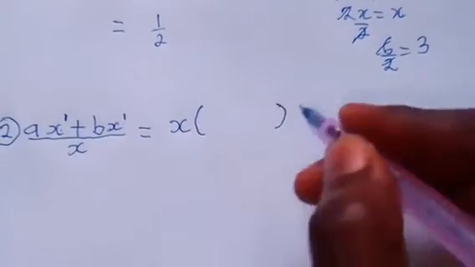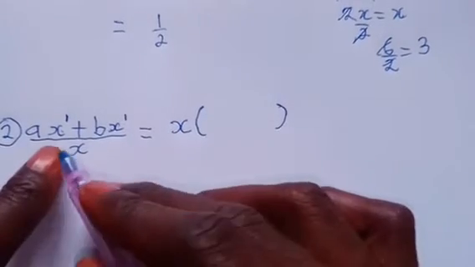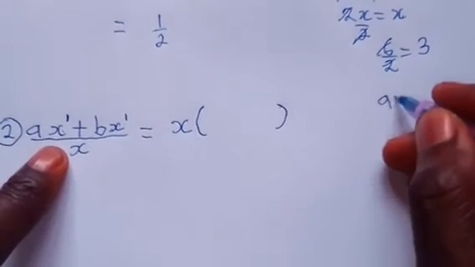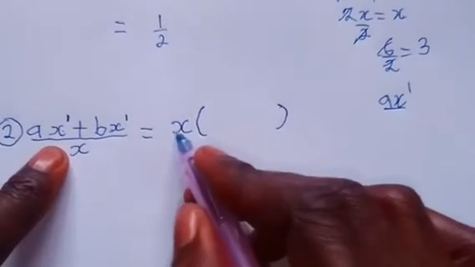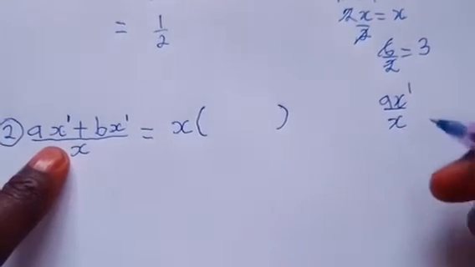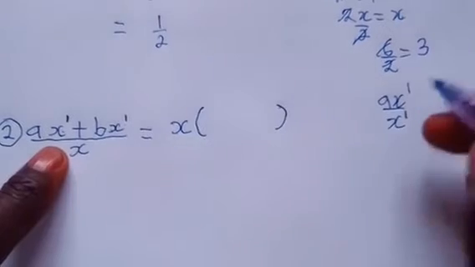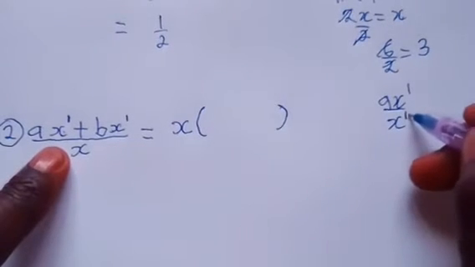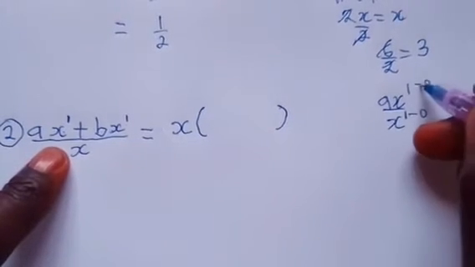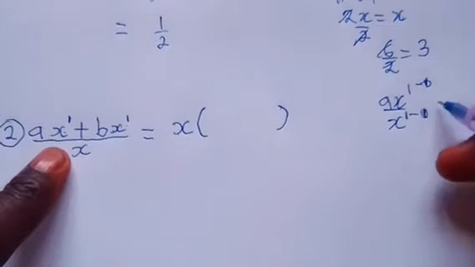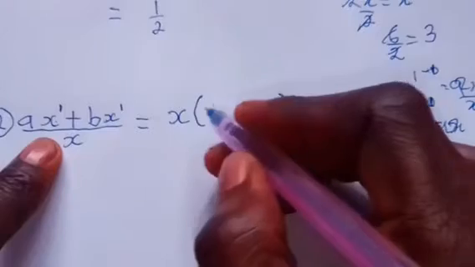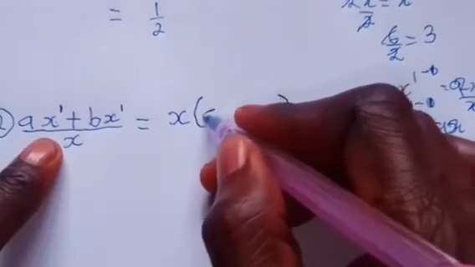okay? And then we can now come in here to divide this first term, ax power 1, we'll divide it by the h.c.f x, okay? And from our first lesson, I've told us how to simplify things like this. We can subtract the powers, 1 minus 1, and so what we are going to have here now is a.